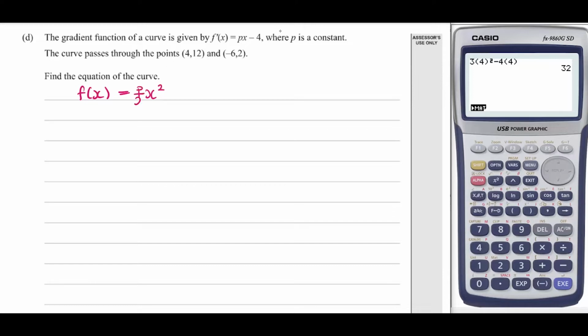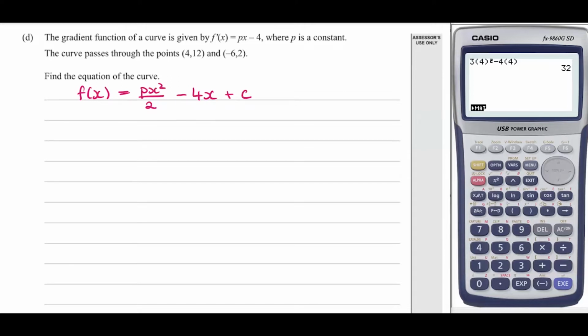So this would need to be p over 2, or you could write that as px squared over 2 like this. And just do a mental check that when you differentiate that, it does become px. Then we'll have minus 4x and a constant that we don't really know just yet.